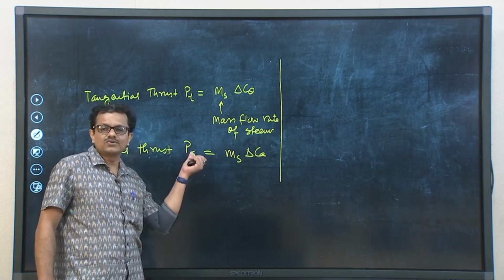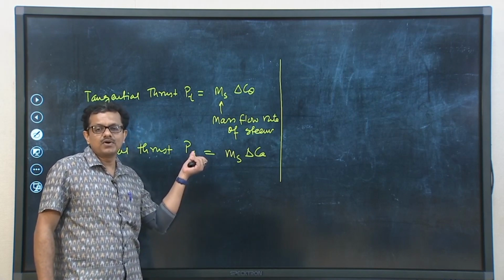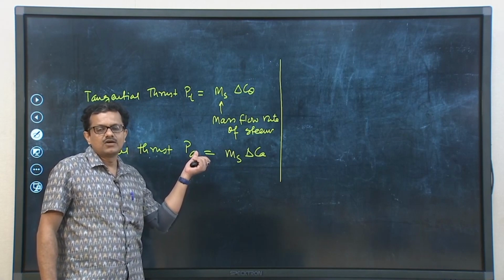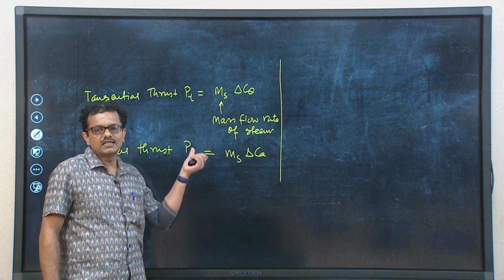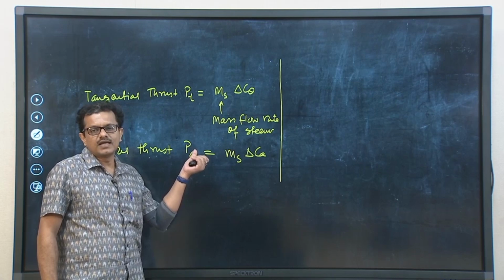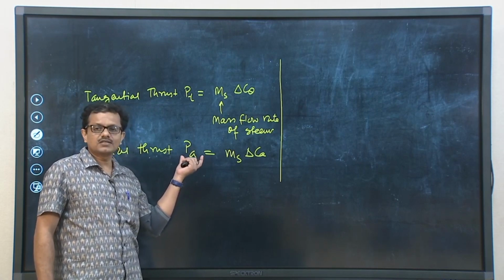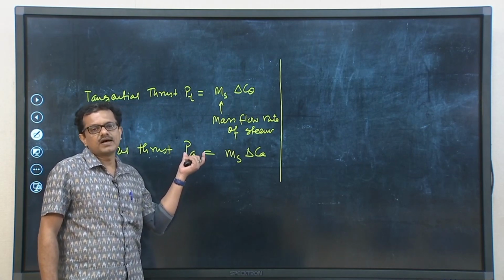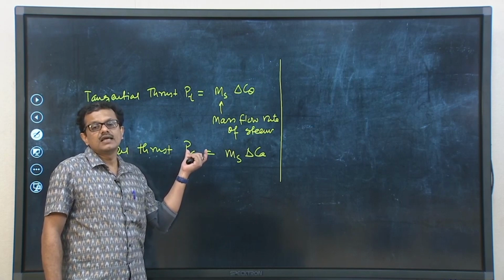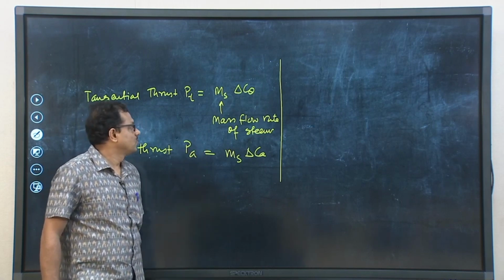The axial thrust is also equally important while someone is designing the impulse turbine, because this thrust should be absorbed by the axial thrust bearing. Okay.